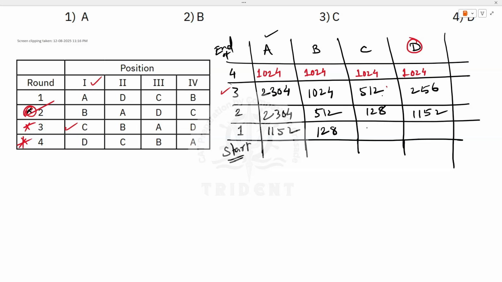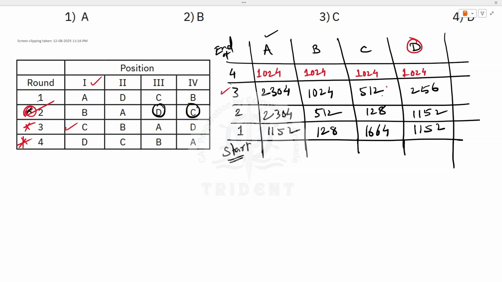Okay. Sorry, D remains constant. D remains constant at 1152, and we are looking at this one. Fourth one is C. So whatever is the balance, we need to find that out. Okay. So that is 4096 minus 1152 minus 1152 minus 128. That is 1664. This is a little calculation intensive set.